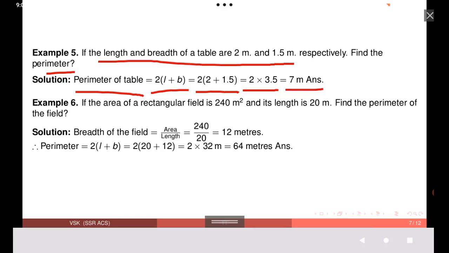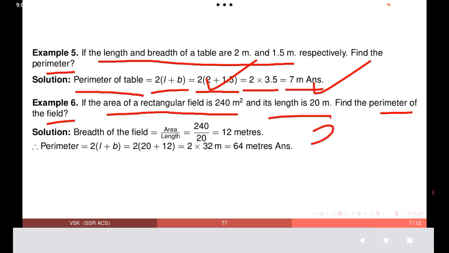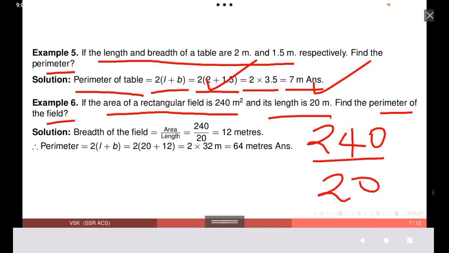In the next question, if the area of a rectangular field is 240 and the length is given as 20, find the perimeter of the field. So what is given? Area is given, length is given. So first of all, we will find the breadth of the field. That will be 240 divided by 20, which gives the breadth, 12.